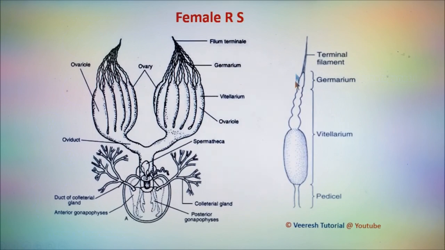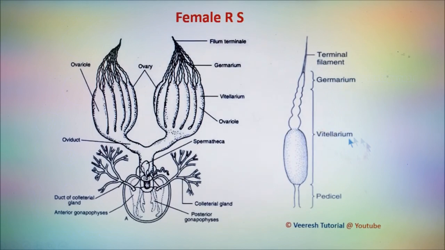These are the different parts of the ovarioles. Each ovariole is differentiated into 4 regions. The first one is the terminal filament, which is just like a suspensory ligament of each ovariole. The next one is the germarium. It is an active site of oogenesis, where it gives rise to germ cells, nutritive cells and follicle cells.